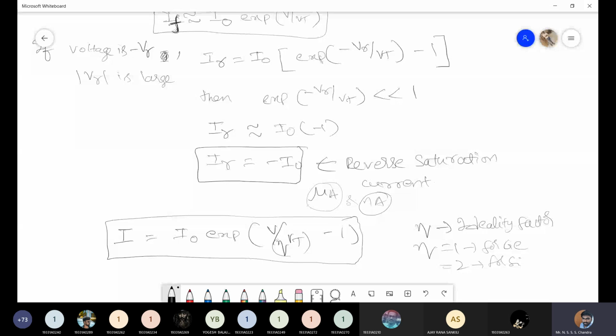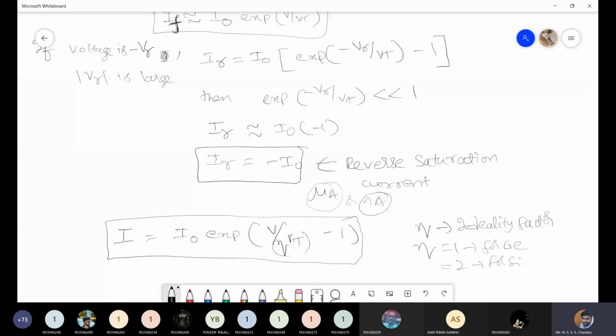Actually, there is much more to tell, but it is out of scope for you. If I teach in detail, I have to go beyond the syllabus. I would have to tell you more about majority carriers, minority carriers, and current components in detail. I could tell, but it is beyond the scope of your syllabus.